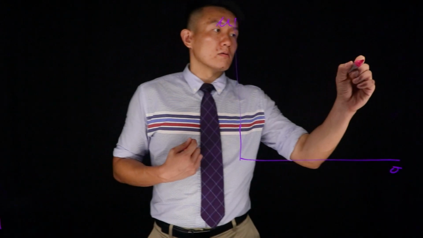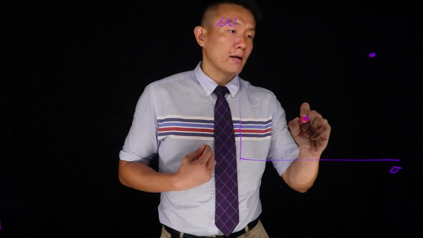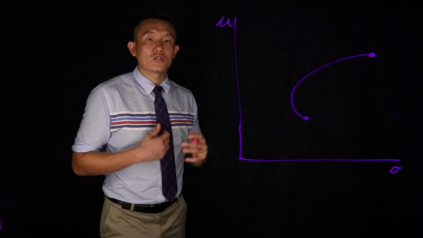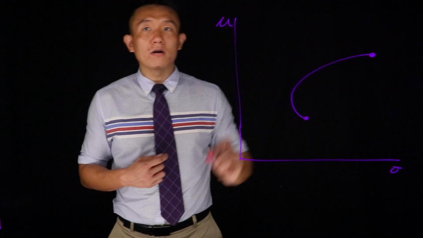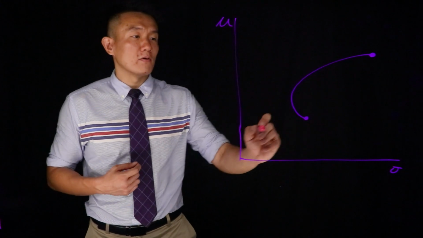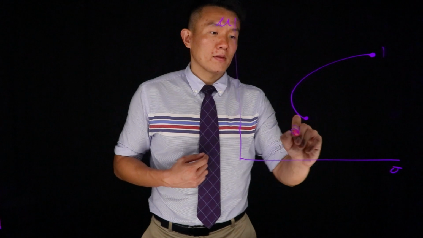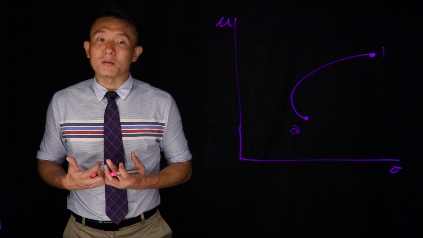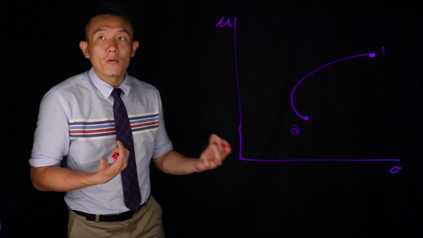So what we showed last time was that if you have two stocks, you can construct this curve that consists of all the different portfolios that you can make. Well, we have more than two stocks that we can play with, right? Let's throw in a third stock.